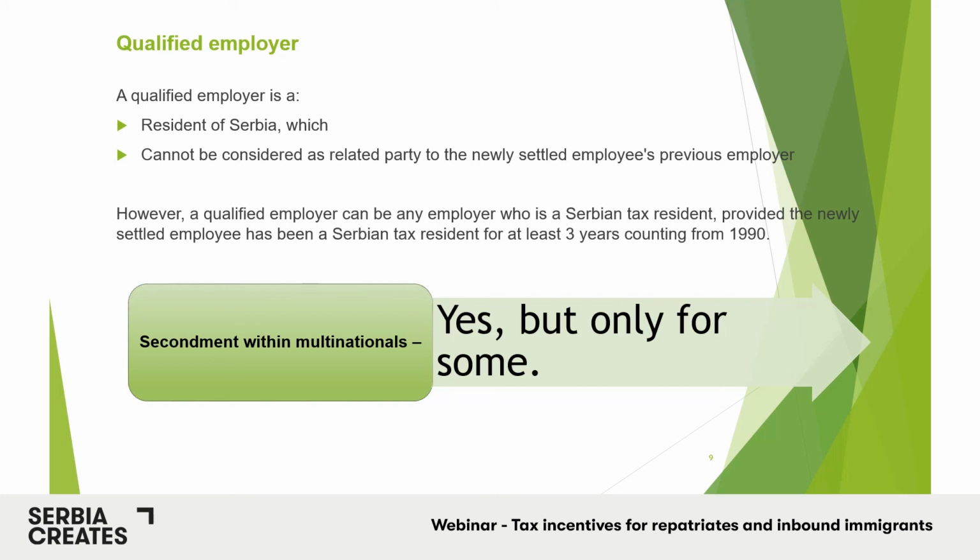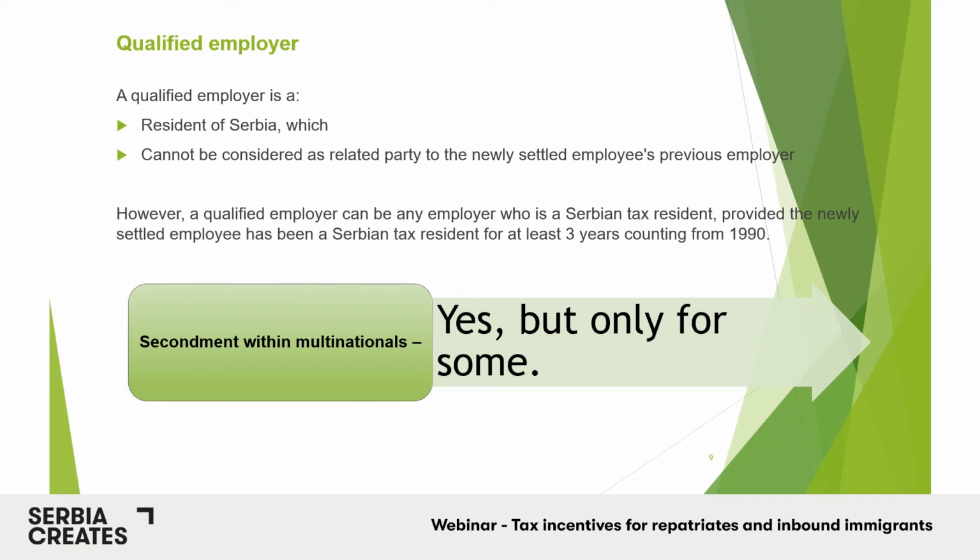So if you have been an employee of, let's say, Coca-Cola in Greece, and you are now being seconded to Serbia to work for Coca-Cola in Serbia, because your Serbian employer is a related party to your previous employer, you cannot benefit from the incentive.